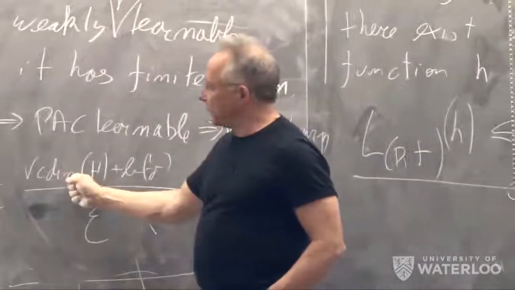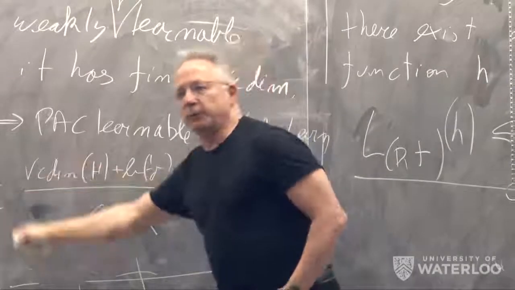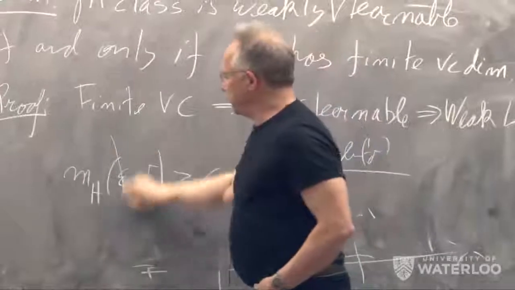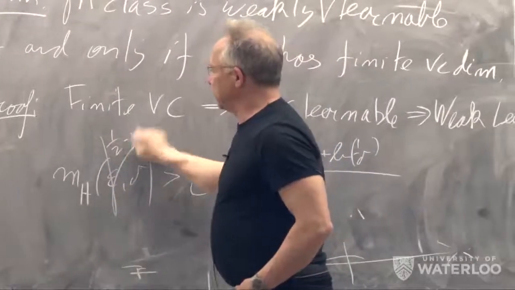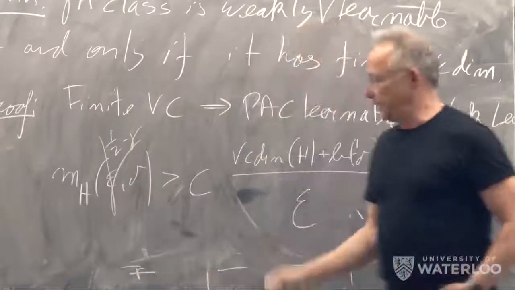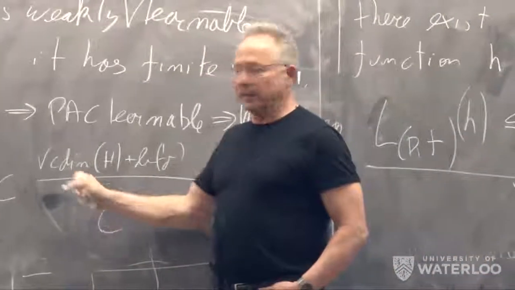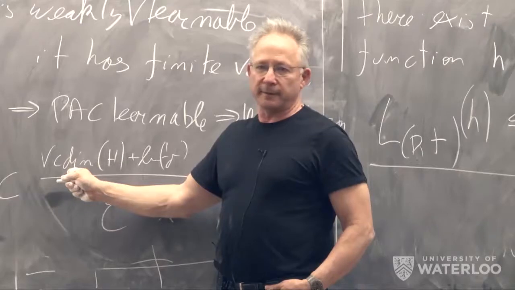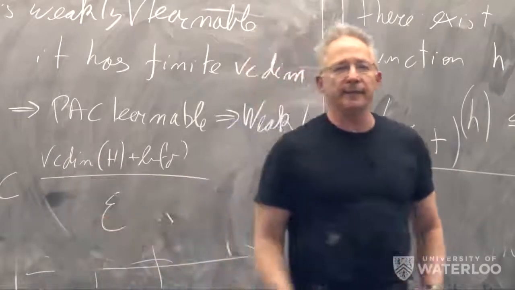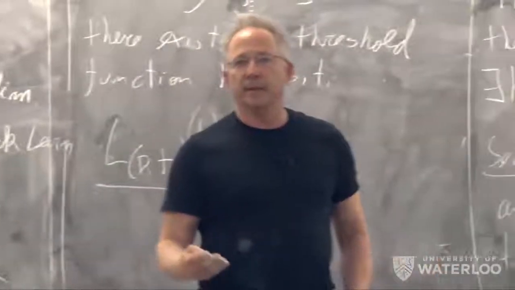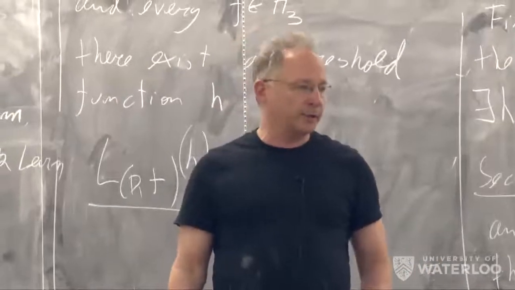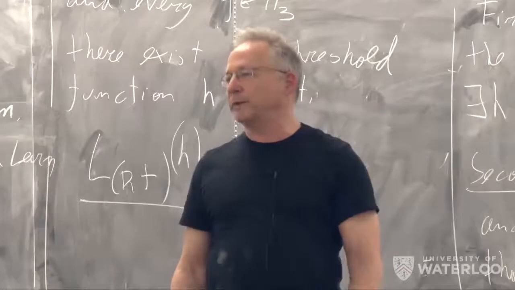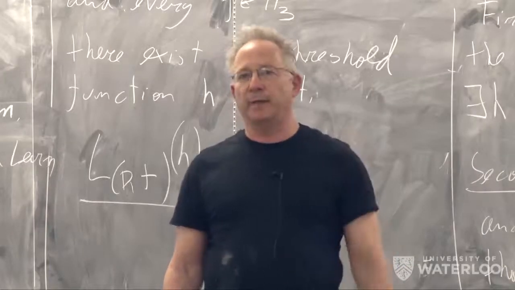So if the VC dimension is infinite, this is going to be infinite, even if here, instead of epsilon, I put half minus gamma. It will still be infinite. So here I'll have half minus gamma, but if the VC dimension is infinite, I will still need infinitely many examples. So it doesn't give us any new classes. It is just a matter of computational efficiency. OK, so next time we will see some real boosting algorithms and how they are applied in practice.